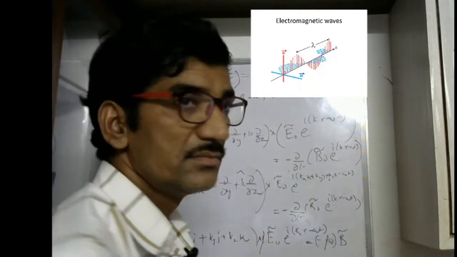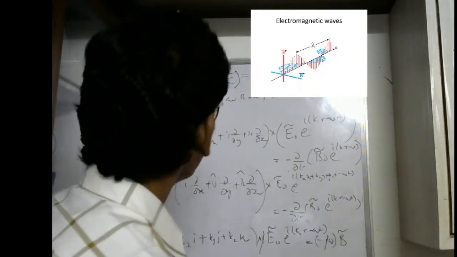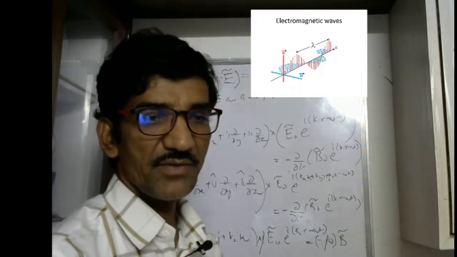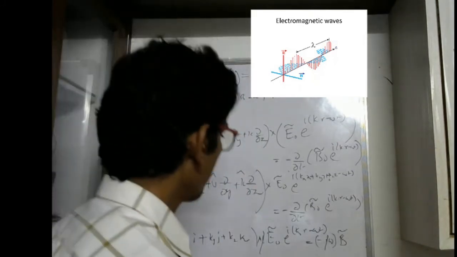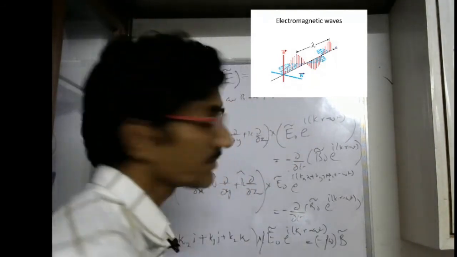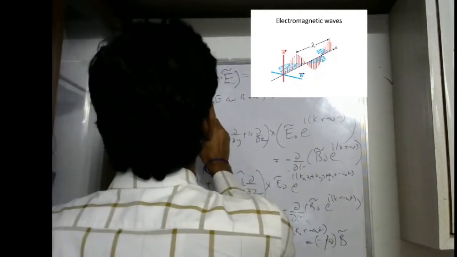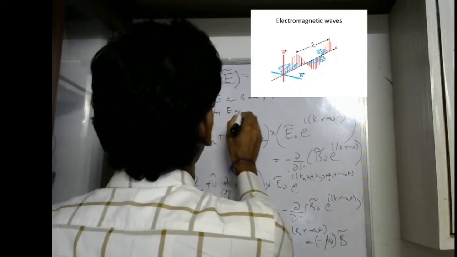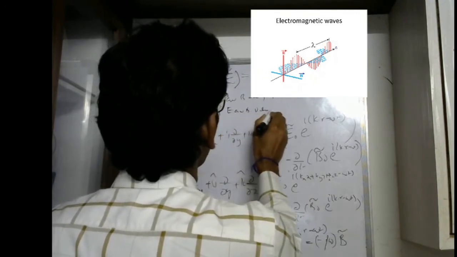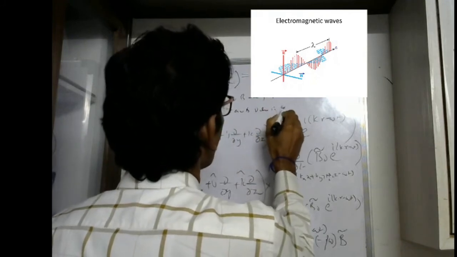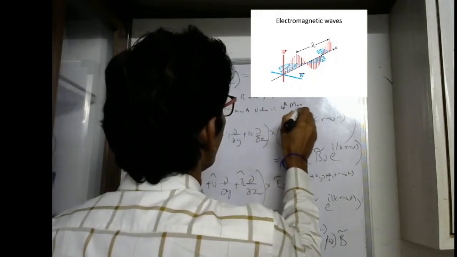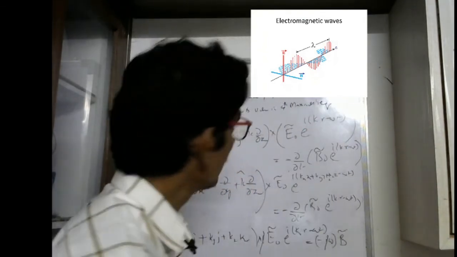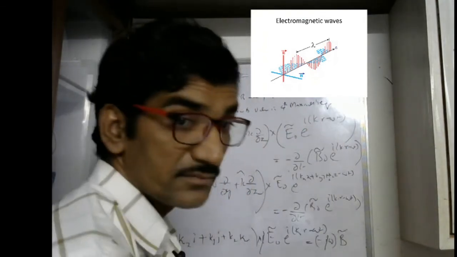Now, we will proceed in a similar manner. Let us substitute these E and B values in the fourth Maxwell's equation. Okay, then what happens? Substituting E and B values in the fourth Maxwell's equation, what happens then?